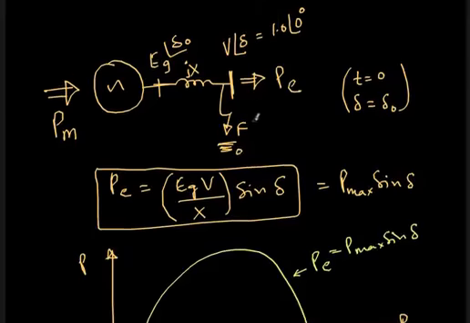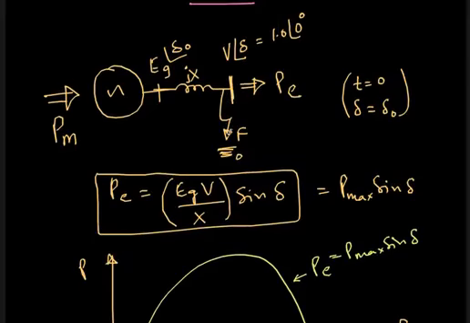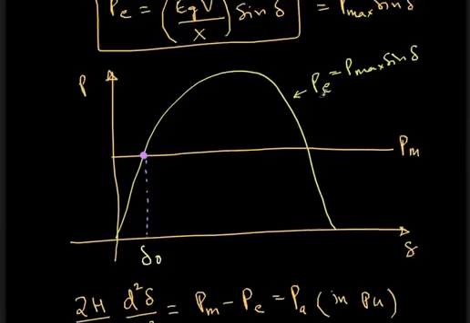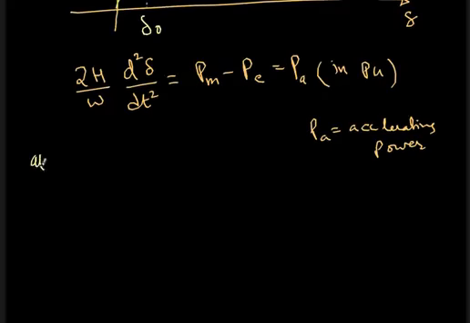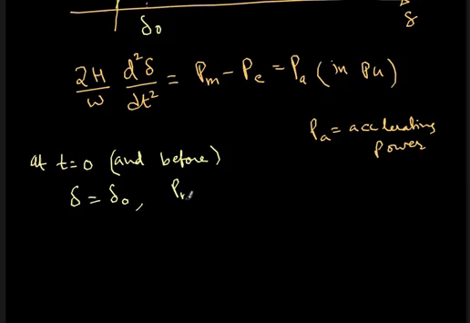Now under these conditions a fault has occurred, so let me write it here. At t equal to 0 and before that, delta equals delta naught and PM equals PE, and we are operating at a stable operating point.